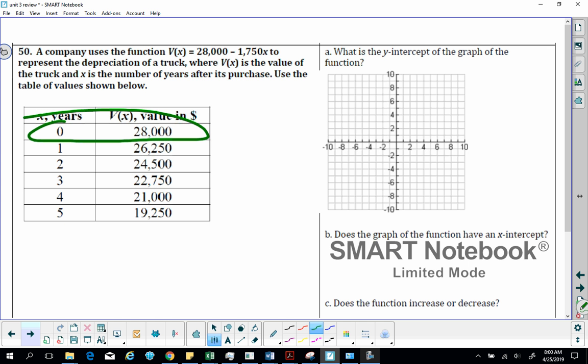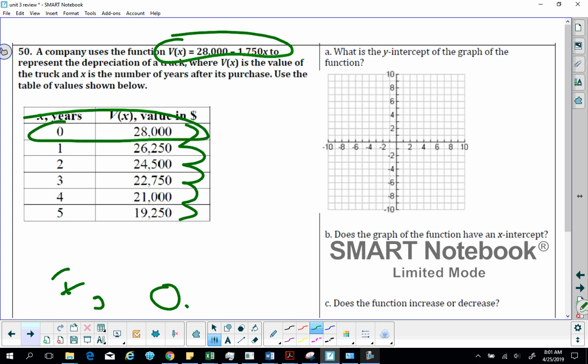Does the graph have an x-intercept? How do I know when I'm looking at my table where my x-intercept is? If my y-intercept is when x is 0, then the x-intercept is when y is 0. So you can either keep subtracting until I get 0 right here, or you can type this into table and search and keep going down until your y is 0. I want you to find what your x value is when you type it into table.